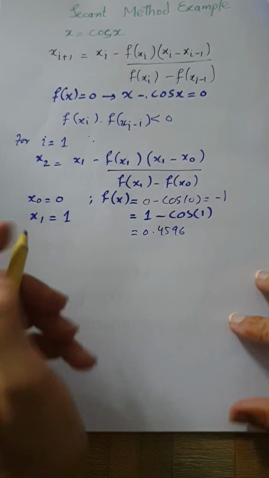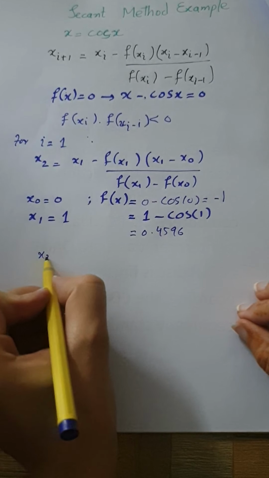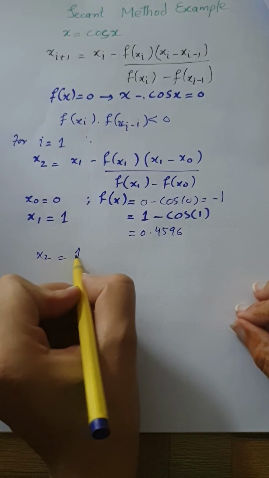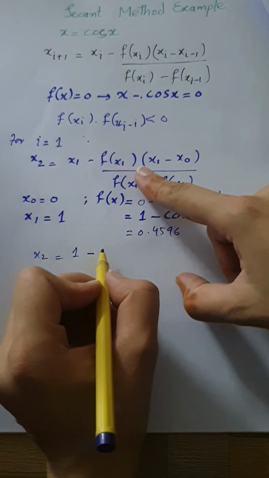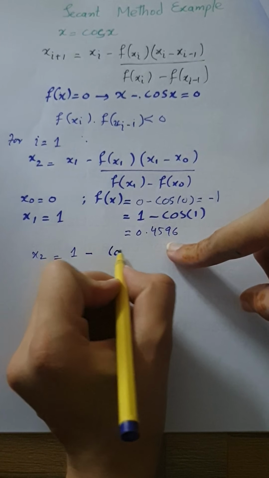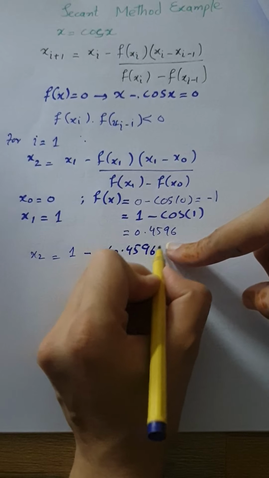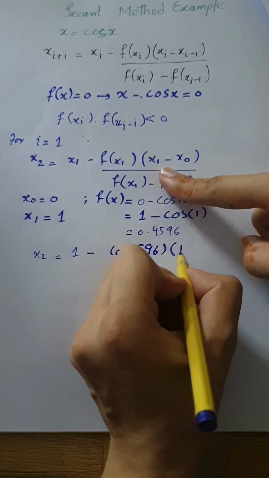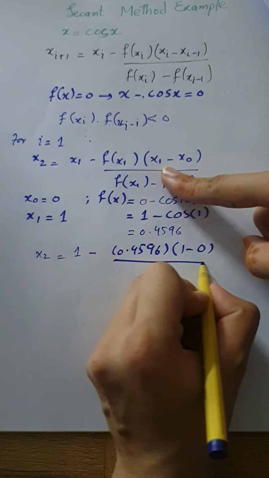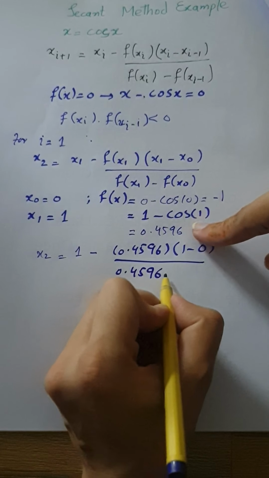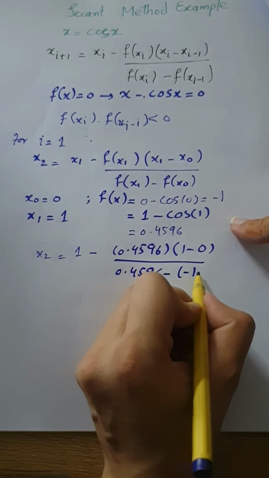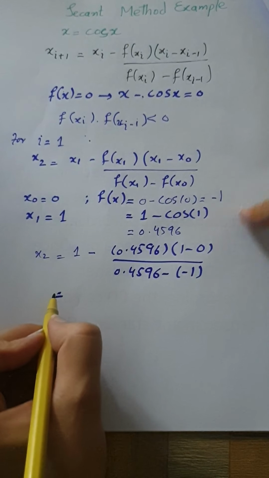So let's employ the formula for calculating x2. We will have x1, which is equal to 1, minus f(x1), which is equal to 0.4596, times (1 minus 0), divided by 0.4596 minus (minus 1), which is equal to plus 1.